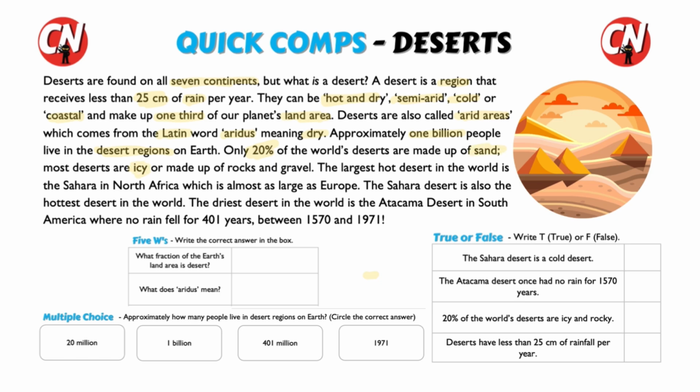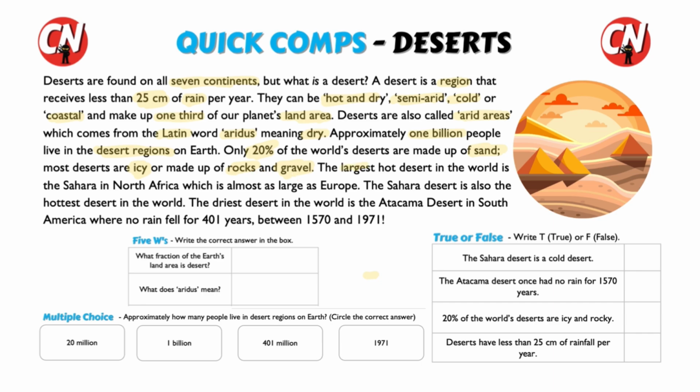Most deserts are icy or made up of rocks and gravel. Even though I've not highlighted "and", where possible we're just going to highlight rocks, gravel, because "and" is never going to be an answer on its own. Rocks or gravel could be.